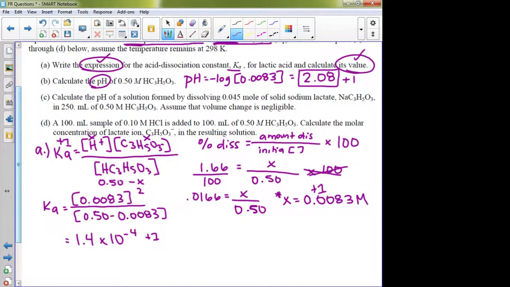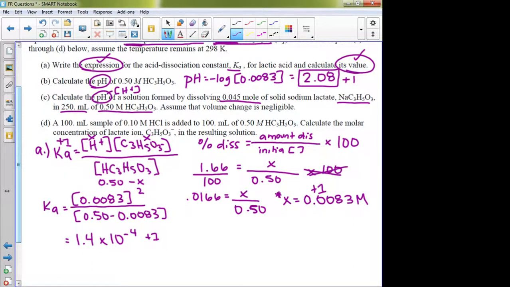All right, C says calculate the pH. Which means if I'm trying to find pH, I've got to know what? The concentration of H positive of a solution formed by dissolving 0.045 moles of solid sodium lactate in 250 milliliters of 0.5 molar lactic acid.